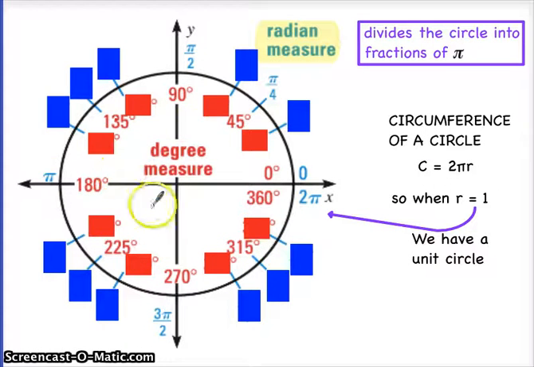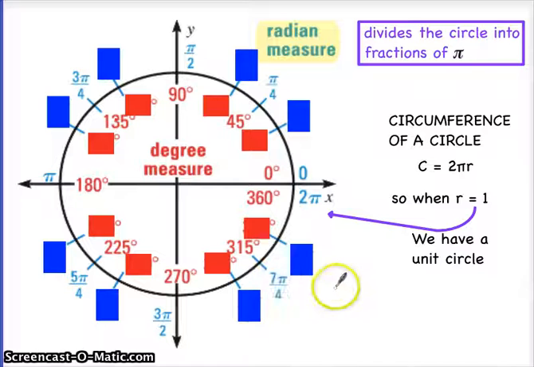Well, remember, to go those same distances, or those same angle measures, we're traveling 1/4, 2/4, 3/4. 4/4 is a full pi, 5/4, 6/4 again is 3 halves, and 7/4 of pi is equivalent to 315 degrees.